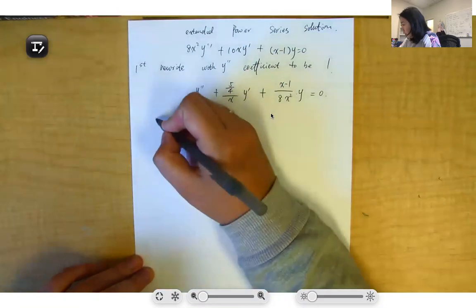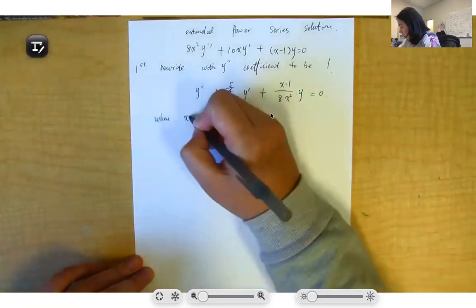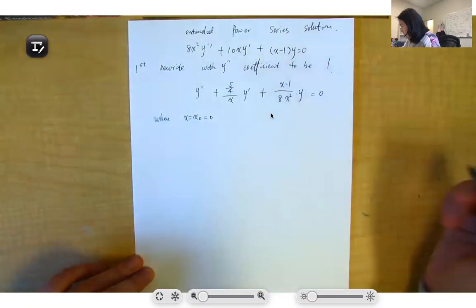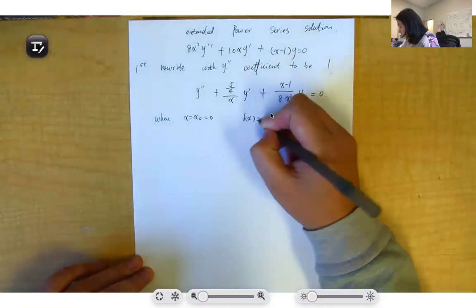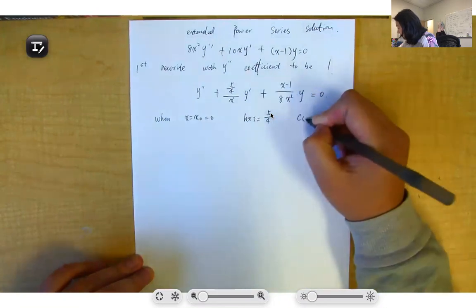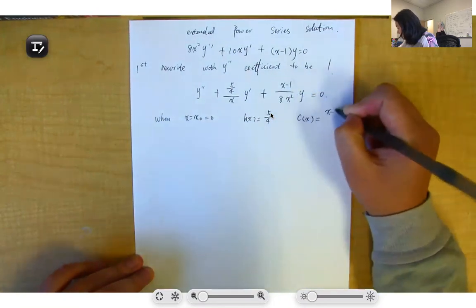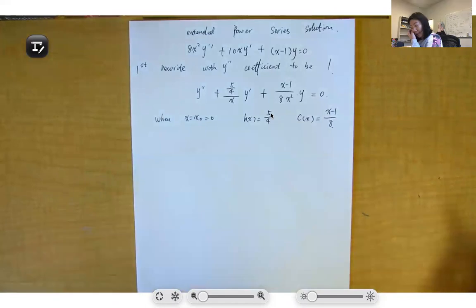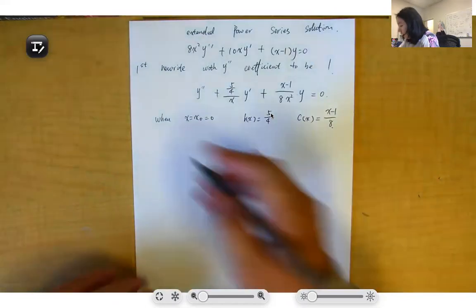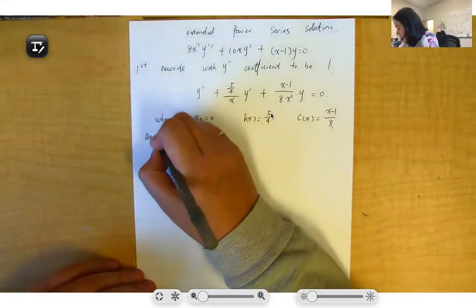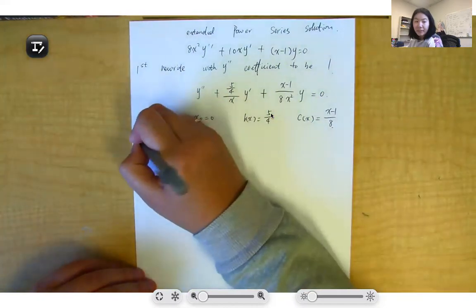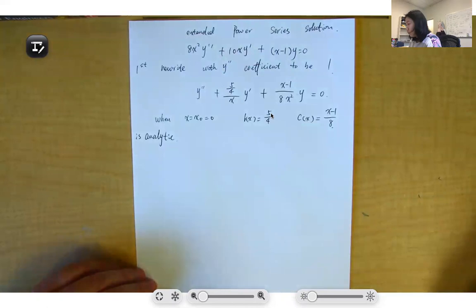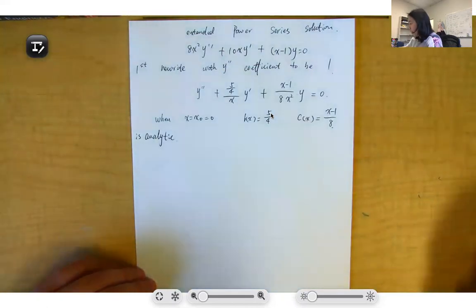When x equals x naught equals 0, the b(x) equals 5 over 4, and the c(x) equals (x minus 1) divided by 8, so that it can be analytic. The coefficients b(x) and c(x) are analytic, so we can use the extended form.